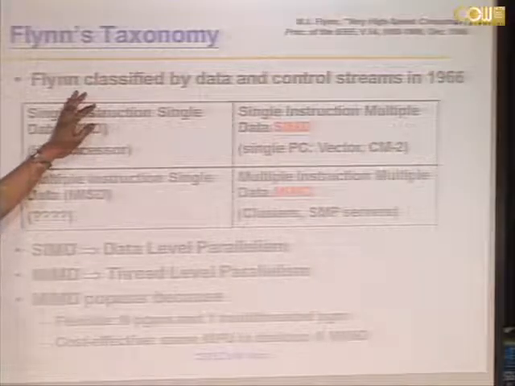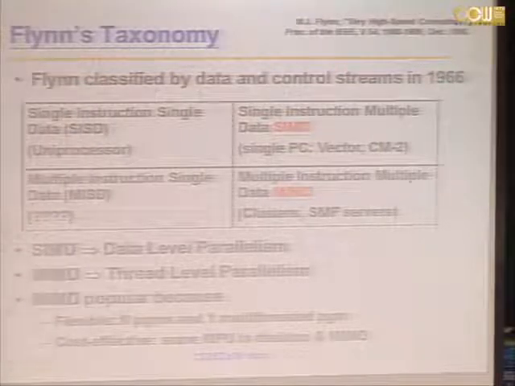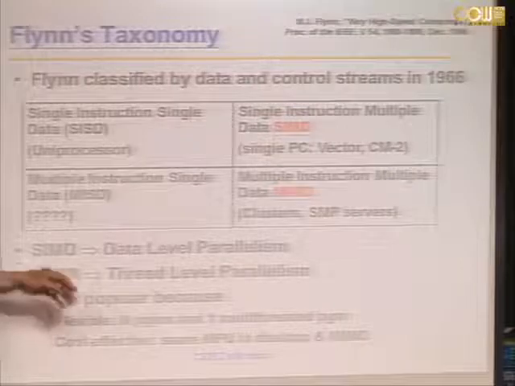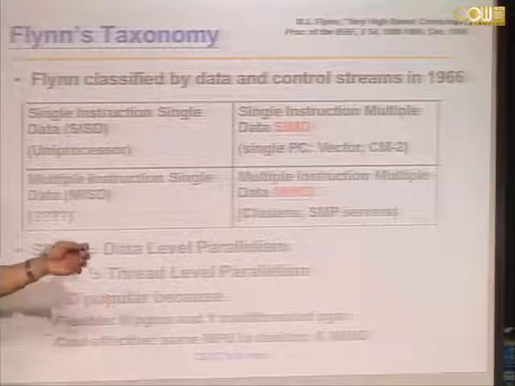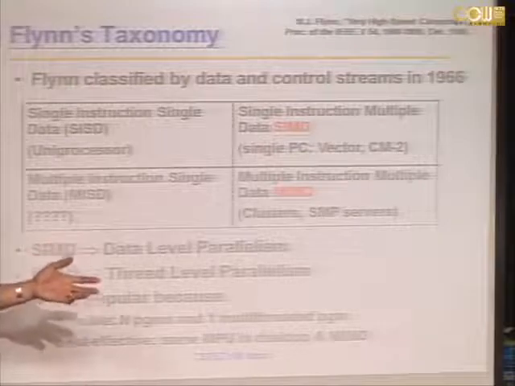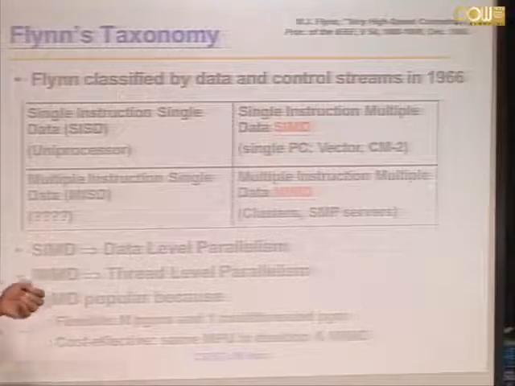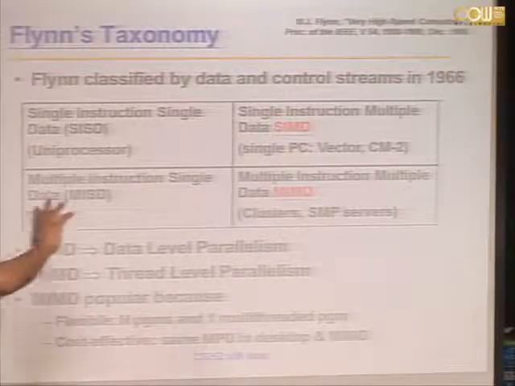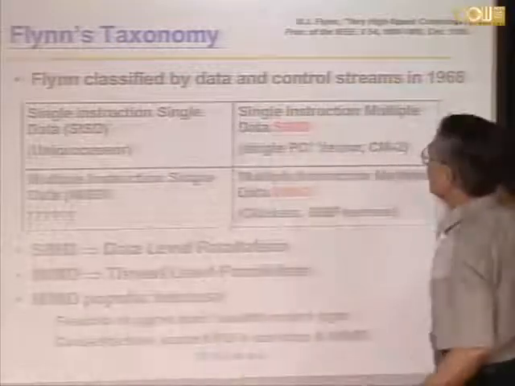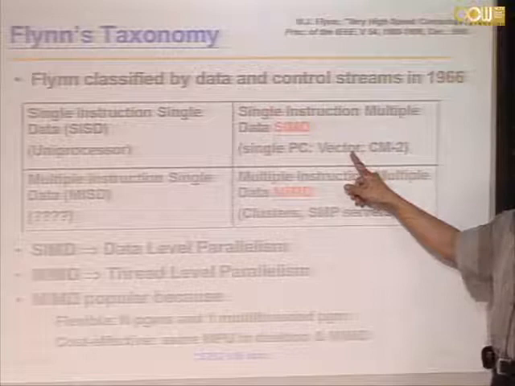Vector machine, what do you think about vector machine? Lower left, upper right? Which one? Come on, speak up. Upper right is vector machine. Correct. Bingo. Because you saw this.